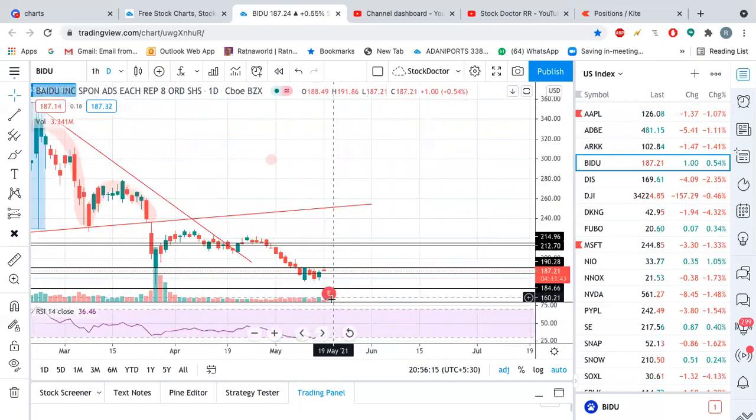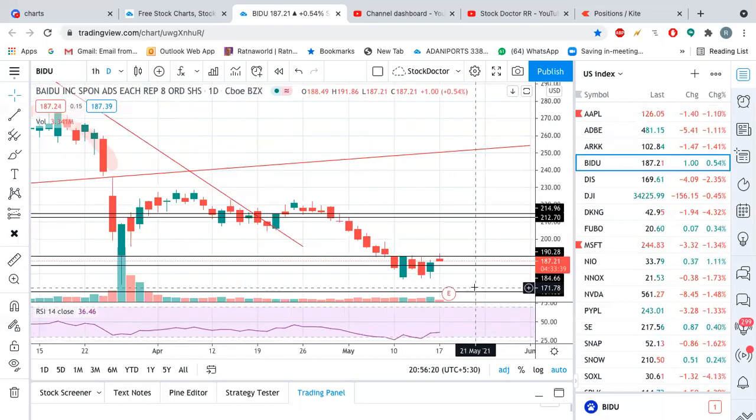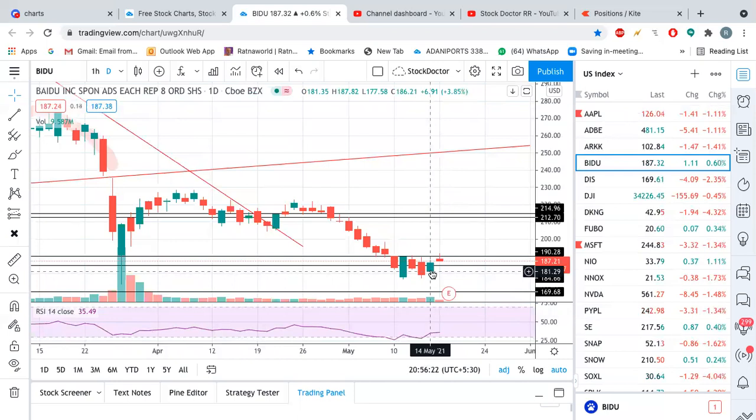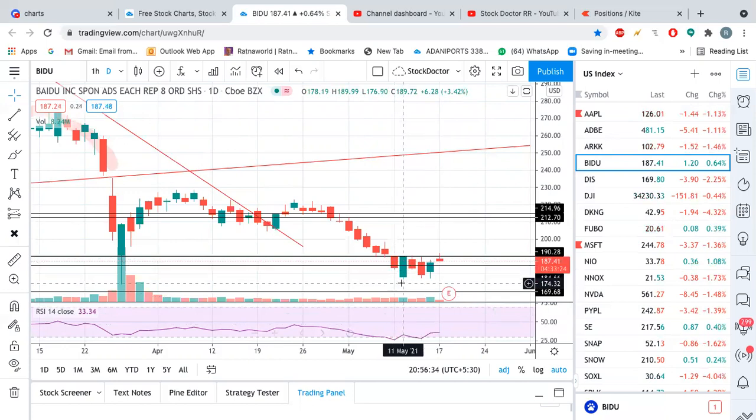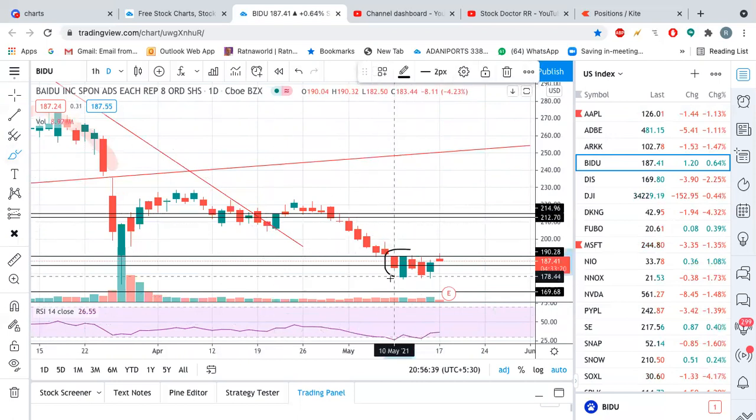If you see here, on Friday it closed in the green. But before Friday, on 10th and 11th, it created a bullish engulfing pattern here, right?